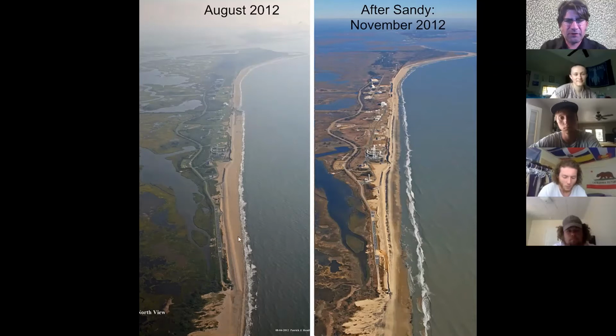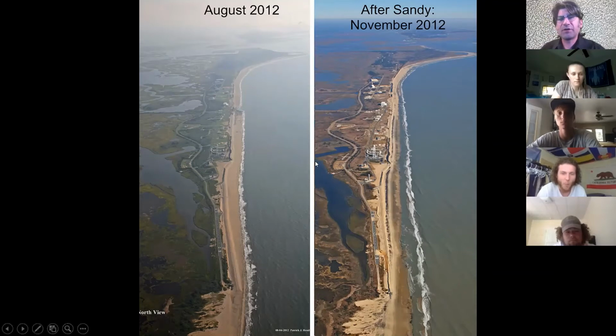We can look at the before and after pictures and note the significant decrease in the beach areas as waves eroded the shorelines and caused loss of property and cutting of roads and tens of millions of dollars of damage after Hurricane Sandy. So in Geomorph this semester, that's another thing we're going to talk about.